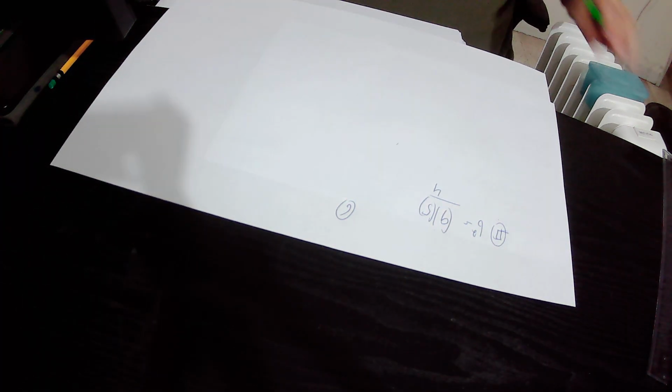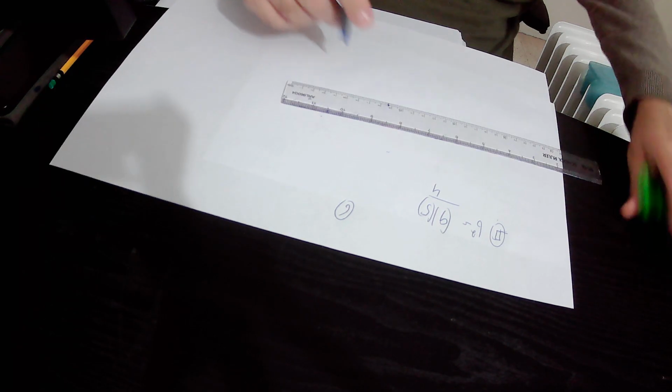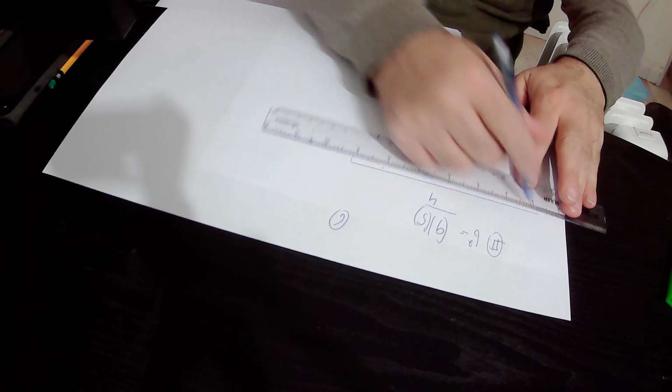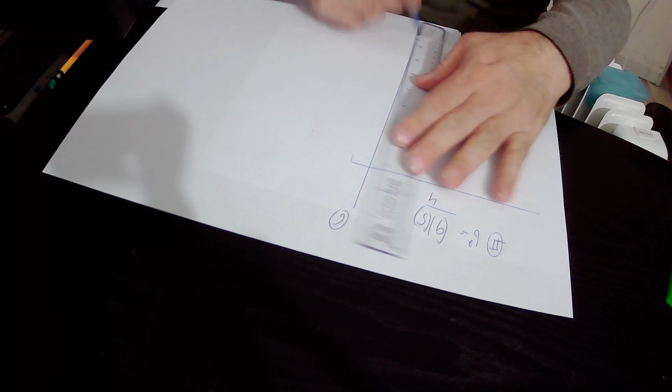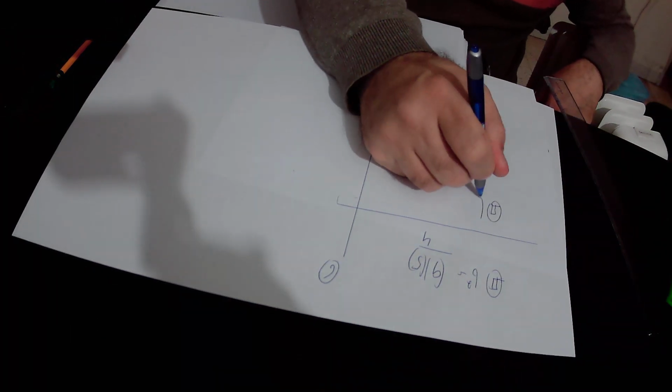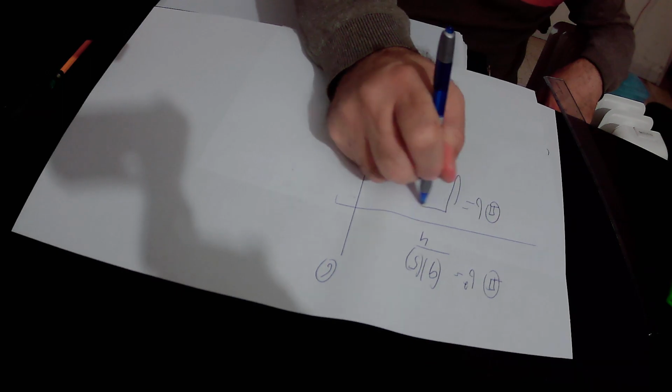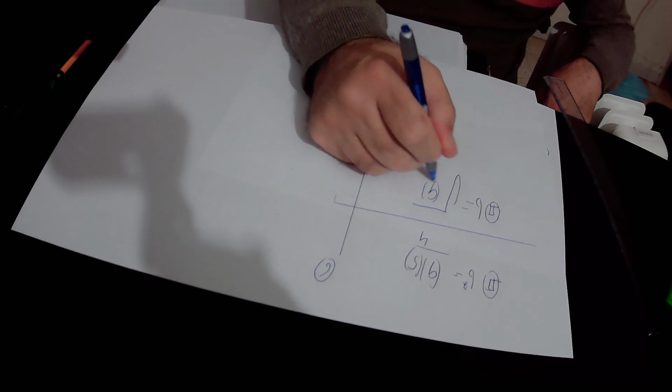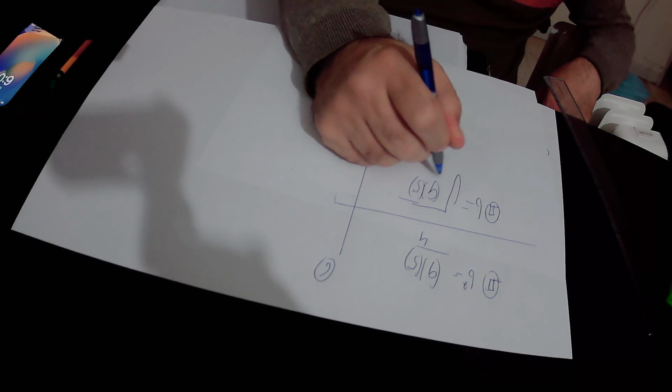Here we take a root of this equation, and we get that b equals the square root of 9 times 5 over 4.